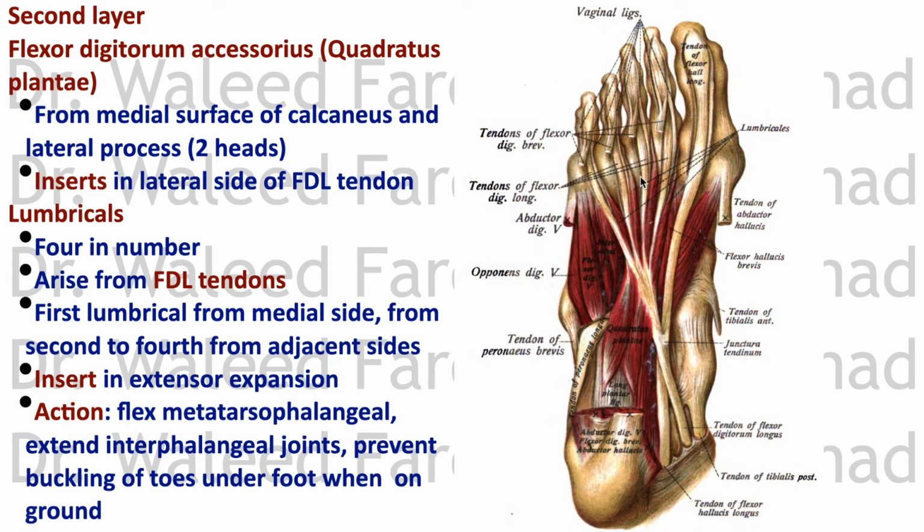When you put your foot on the ground, you're using the long flexor tendons, so this will ultimately flex the toes, but the lumbricals prevent this by extending the interphalangeal joints, at the same time maintaining the flexion at the metatarsophalangeal joints, so you will get the pads of the toes on the ground instead, and prevent the buckling of toes under the foot. This is the action of the lumbricals.